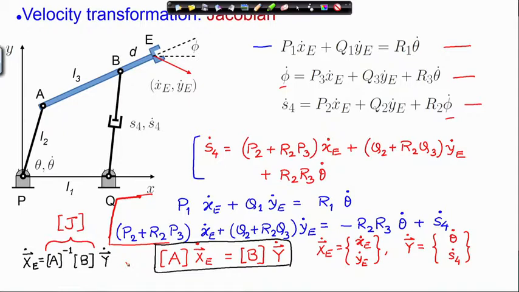Now, if you invert B, then you have the inverse Jacobian. So, if you write y dot as B inverse times A x e dot, then you have the inverse Jacobian.